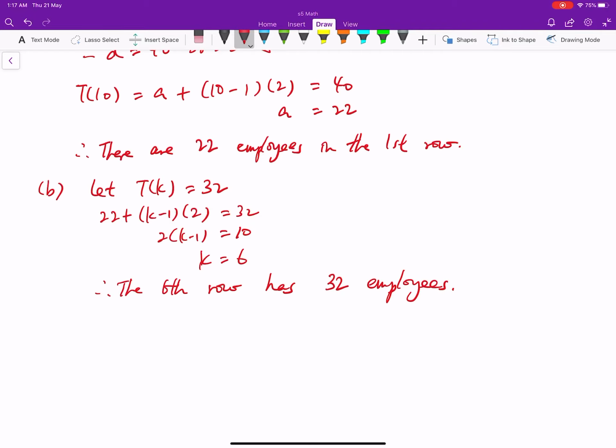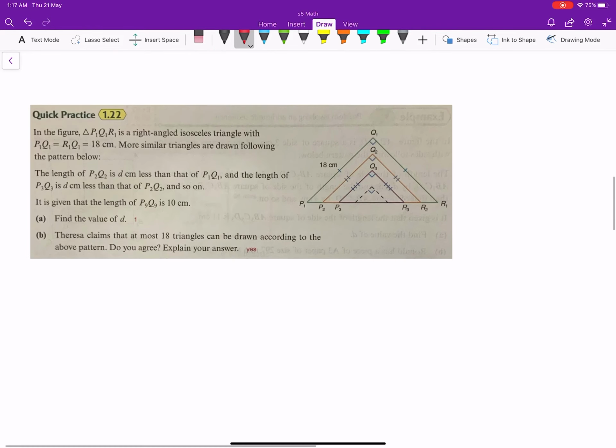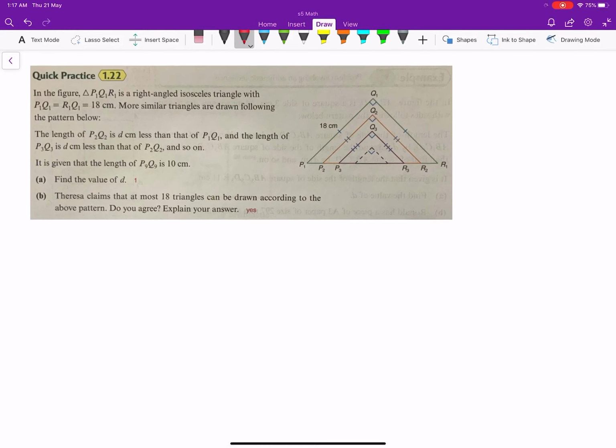Okay, get it? So now we go to the last quick practice. Again, it's about some figures, to construct some similar figures in these situations. Now, in the figure, we have a triangle P1Q1R1, which is a right angled isosceles triangle, with this information also given here.